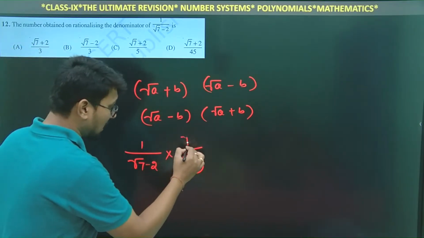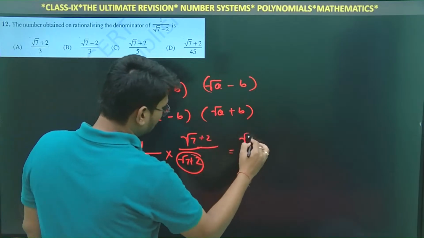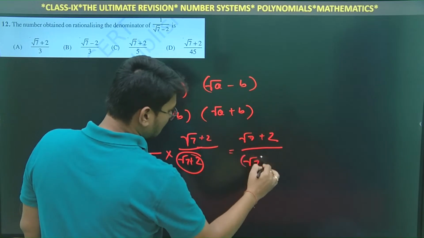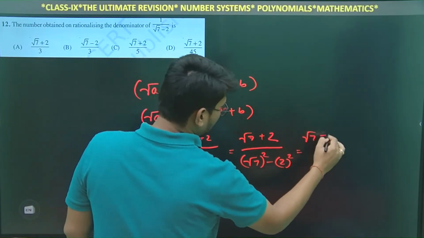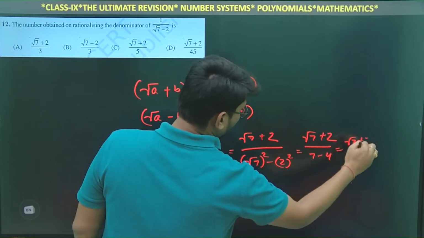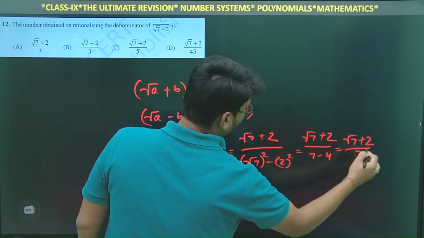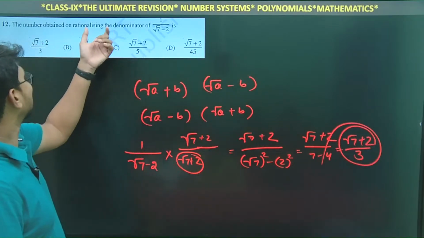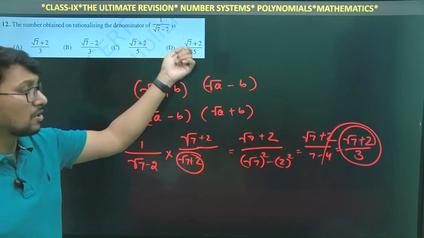So root 7 plus 2 by root 7 square minus 2 square, that is root 7 plus 2 by 7 minus 4, root 7 plus 2 by 3. This is the rationalization. We have rationalized the denominator.